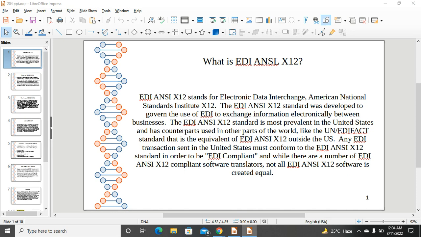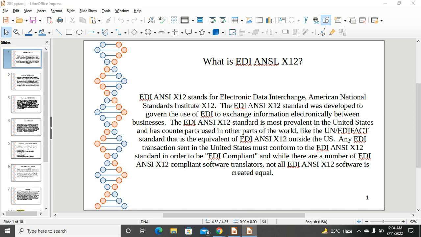The next big leap came in the 1970s, when the grocery industry began to use EDI and proliferated the early form of the technology.